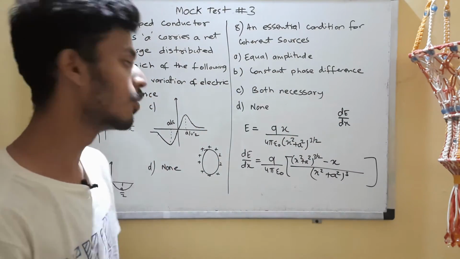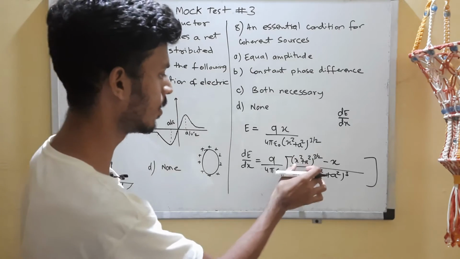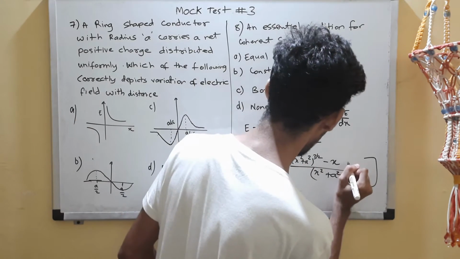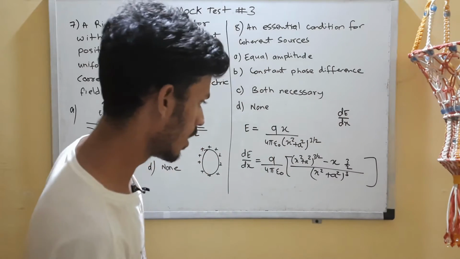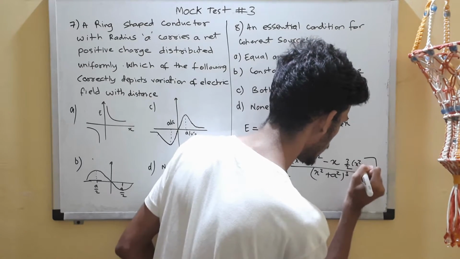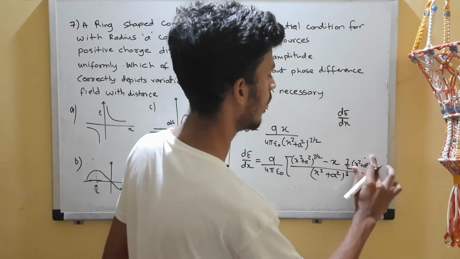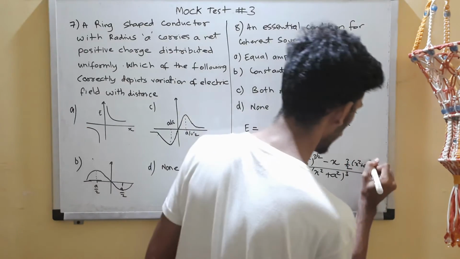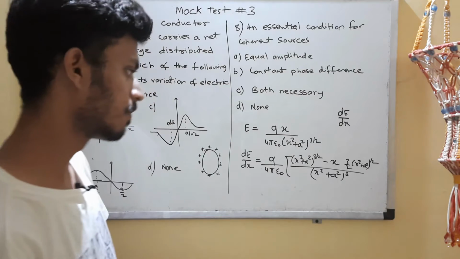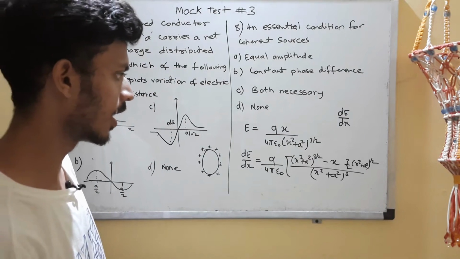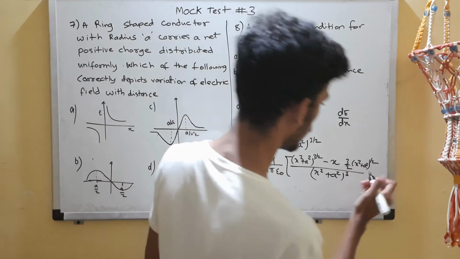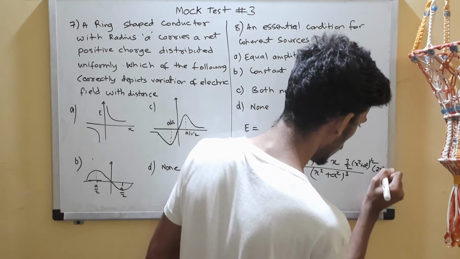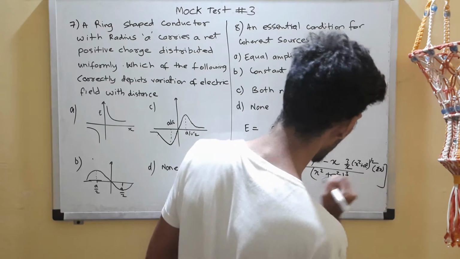I'm just applying the u by v rule, into the derivative of this. The derivative of that is 3 by 2 (x square plus a square); 3 by 2 is 1.5, and 1.5 minus 1 is half. Again apply the chain rule, so the derivative of x square is 2x, and 2 and 2 get cancelled.